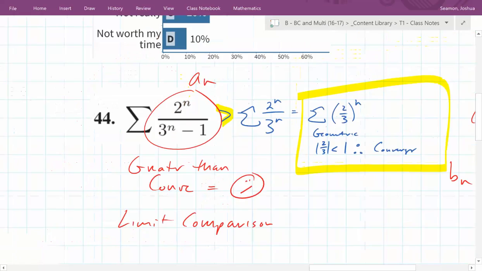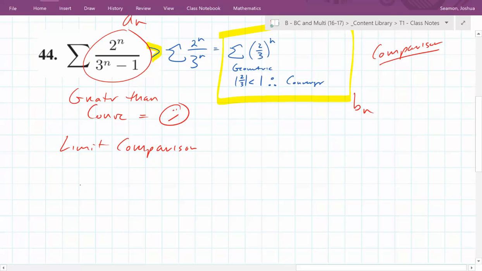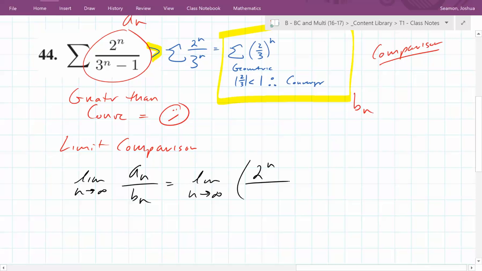And what are we looking at? We're looking at the limit as n goes to infinity of an over bn, and we want to see what happens. So in this case, what is that? That's the limit as n goes to infinity. And what's an? 2 to the n over 3 to the n minus 1. And I'm just going to multiply by the reciprocal. What's the reciprocal of the original? 3 to the n over 2 to the n.